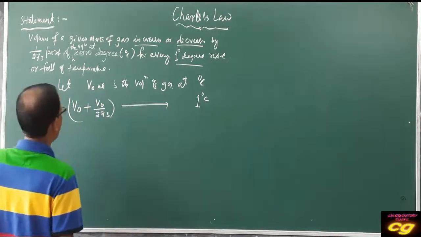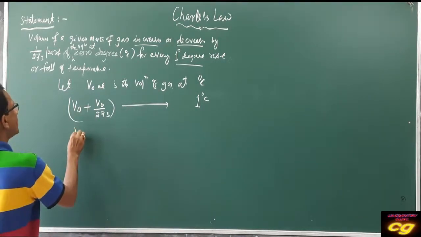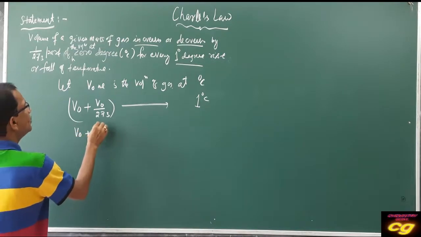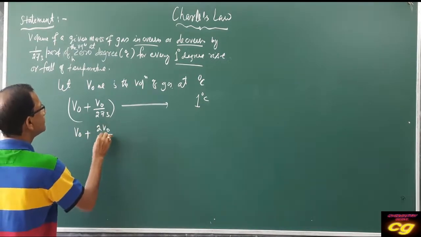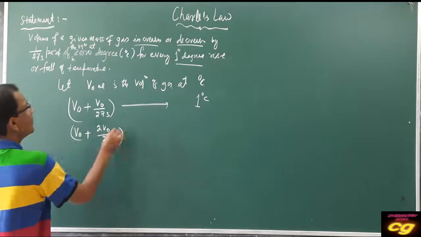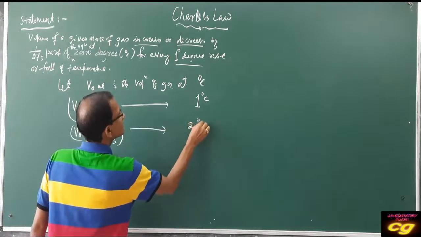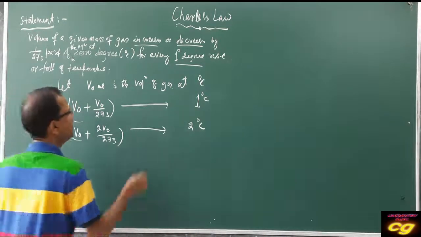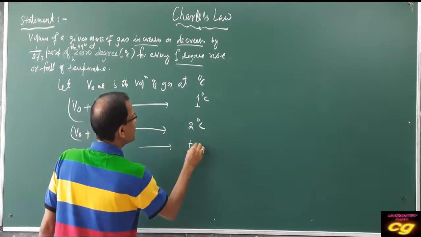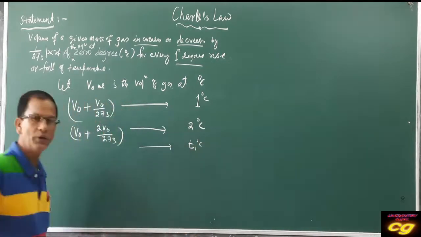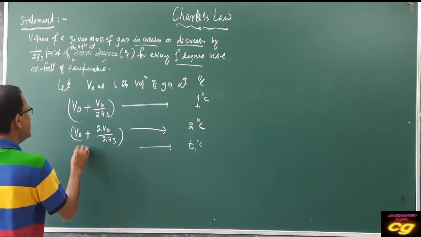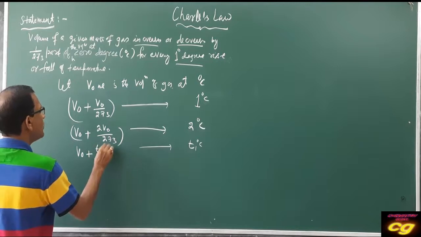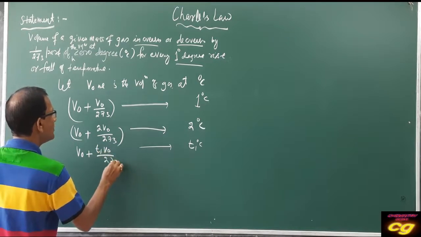What will the volume be at 2 degrees? It will be V0 plus 2 V0/273 at 2 degrees Celsius, like this. So let the temperature be T1 degree Celsius. At T1 degree Celsius, the volume will be V0 plus T1 V0/273.